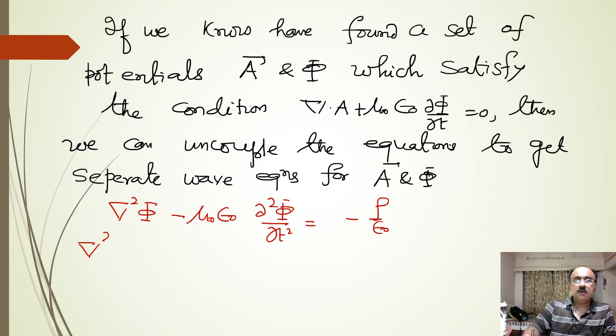And for the vector potential, because the other term becomes equal to 0 if we have found out the set of potentials using a proper gauge function chi, then this equation turns out to be 0, and we can write a wave equation for A, which is del 2A minus mu 0 epsilon naught del 2A upon del t2 equal to minus mu 0 J.